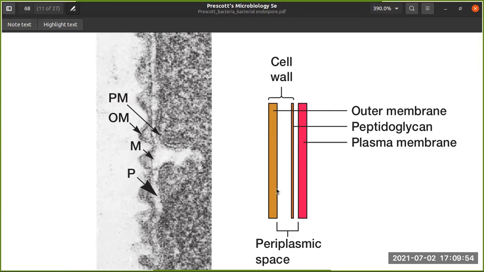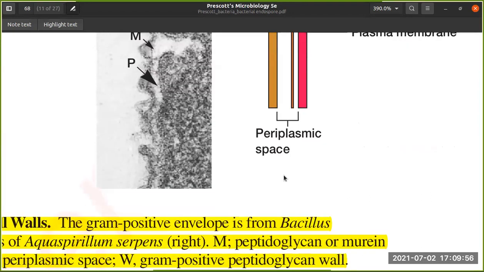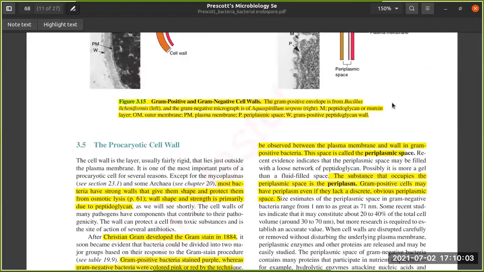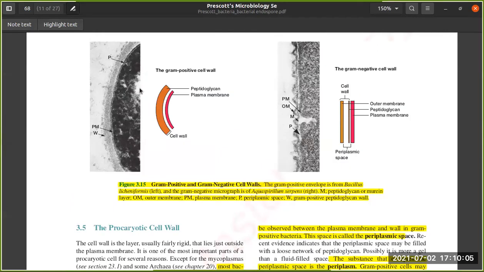So this is how one is the gram positive and the other is the gram negative. This is the gram positive, this is the gram negative. E. coli, the famous one, is gram negative.